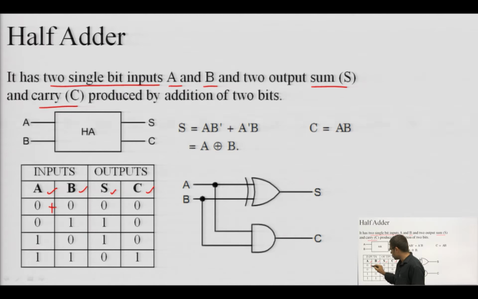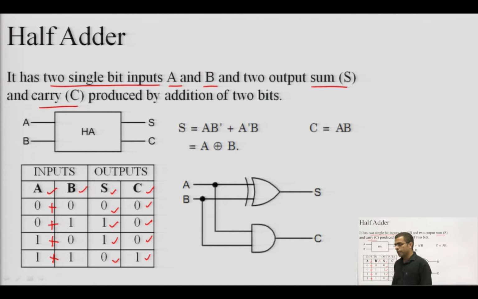0 plus 0, sum is 0, carry is 0, it is very much clear. 0 plus 1, sum is 1, carry is 0. Again 1 plus 0 is similar to the previous case, sum is 1, carry is 0. 1 plus 1 is a bit different. 1 plus 1, sum is 0, carry is 1. Why is it so?